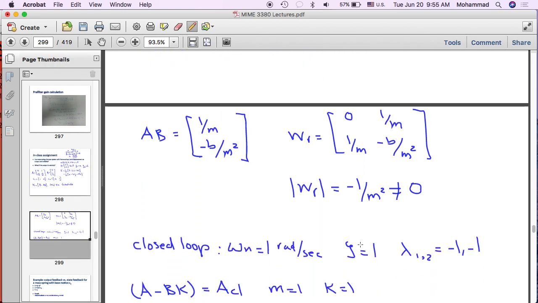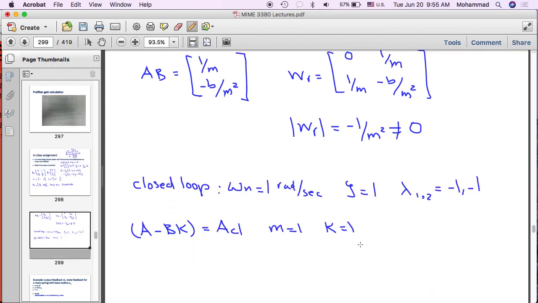And let's make b 1.4. That's equivalent for the open loop system to be underdamped with natural frequency of 1 and zeta of 0.7. That is that equivalency.